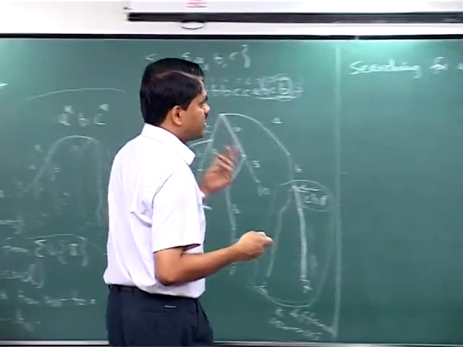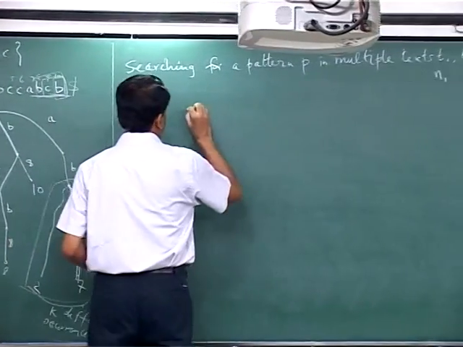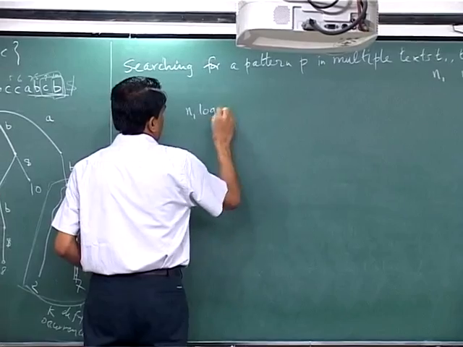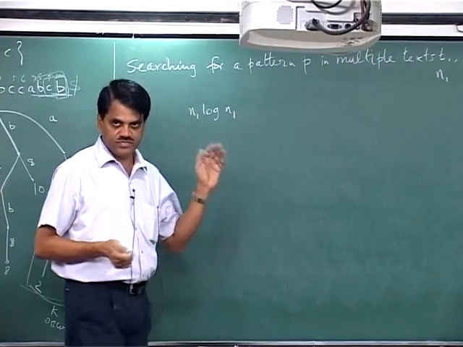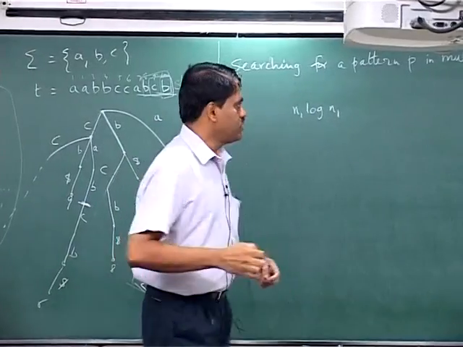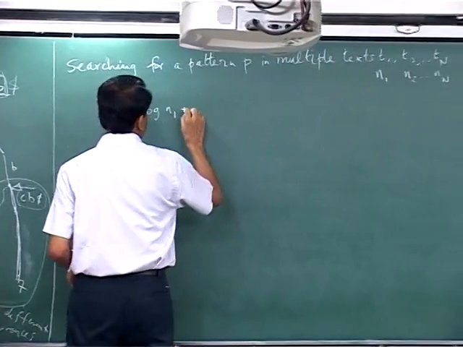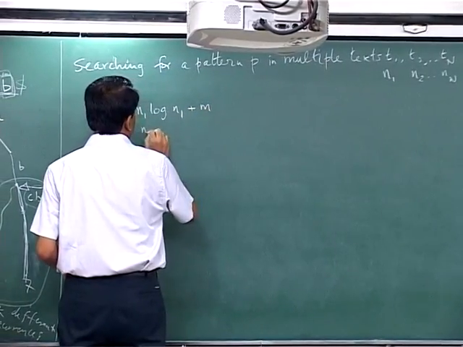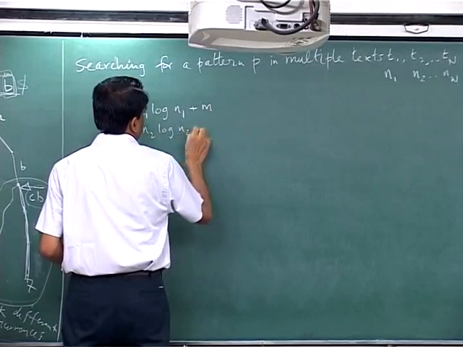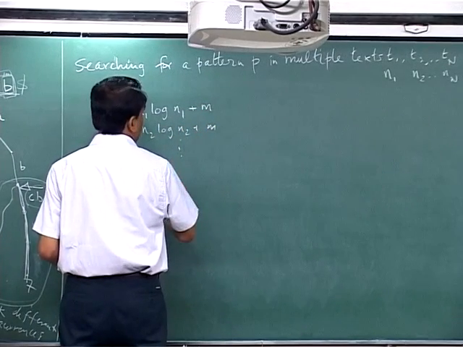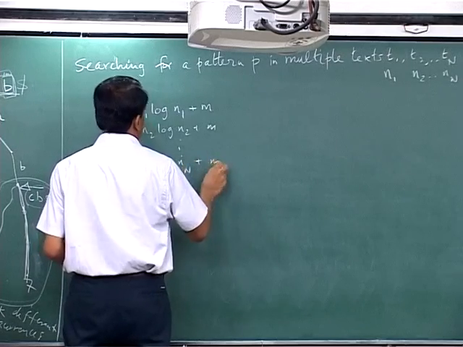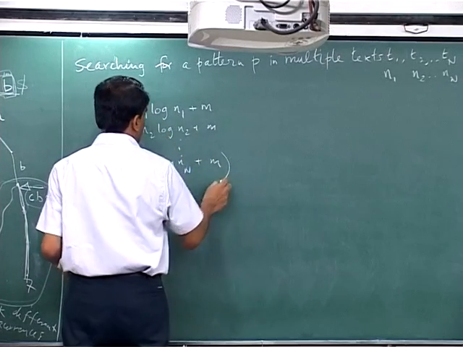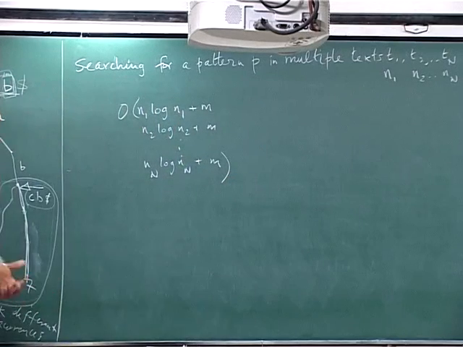I take my text T1, spend n1 log n1 time to build a suffix tree on this text, and run my pattern, which takes plus m, and so on. So this would be one way of doing it.